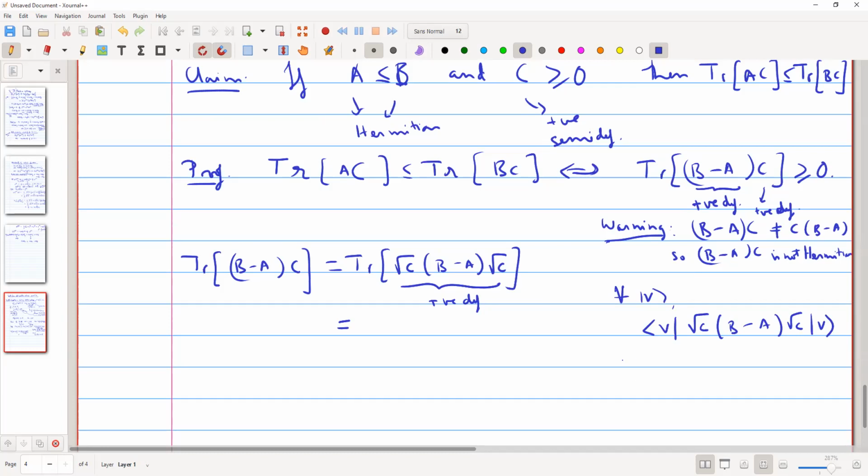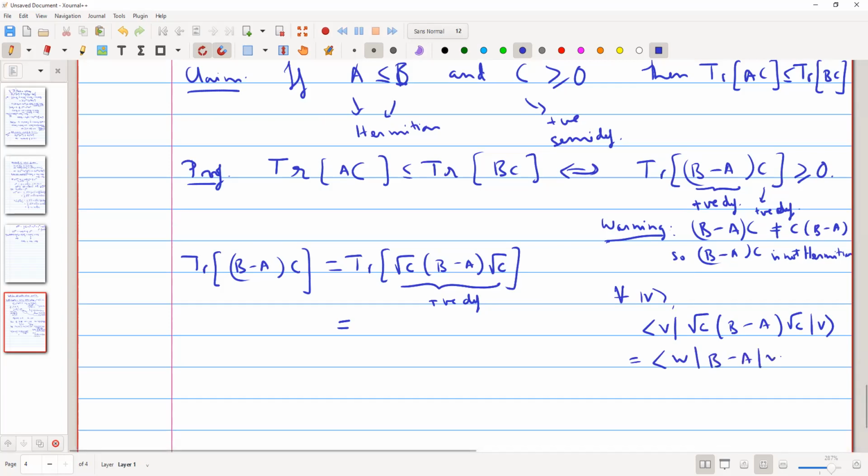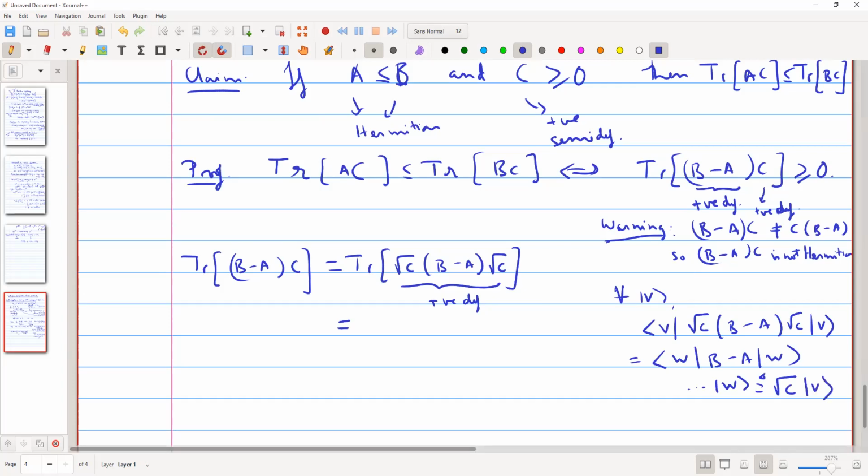This is nothing but the inner product of w with (B minus A) w, where w is defined to be the operator square root C applied on the vector v. But this thing is always greater than or equal to 0, because B minus A is positive semi-definite. So this is the proof that this matrix is positive semi-definite.